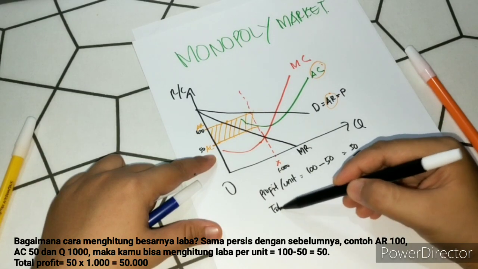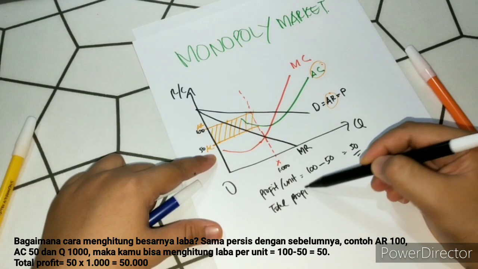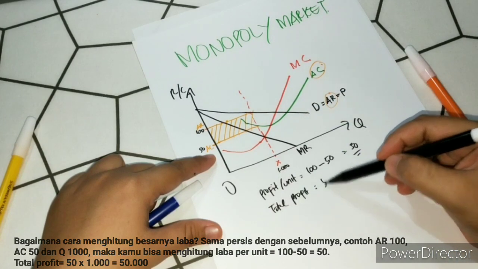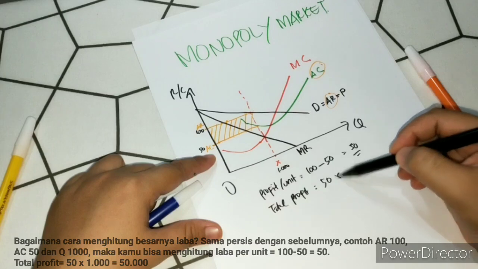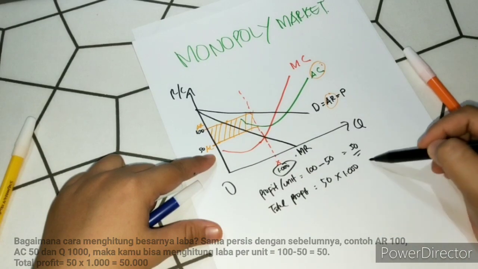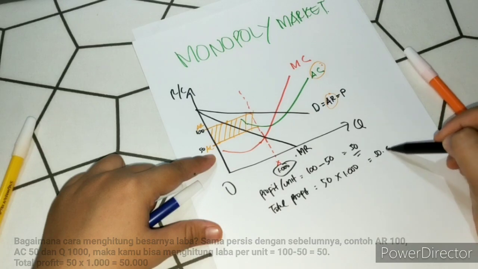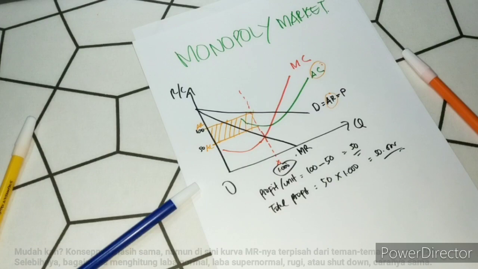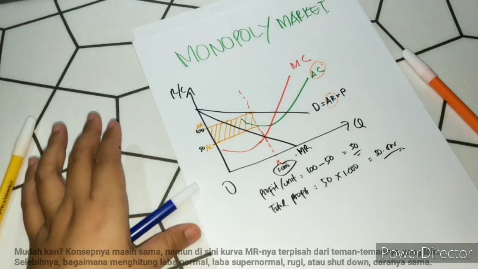And how much is your total profit? Your total profit is 50, which is the average profit, times the quantity 1000, so your total profit equals 50,000. Easy. The basic is still the same.